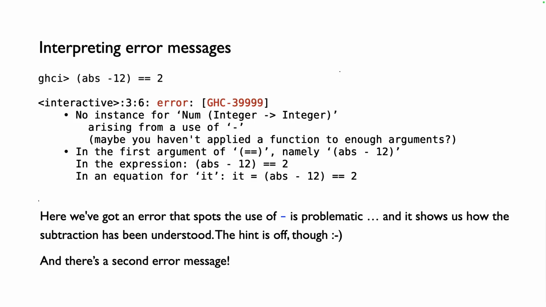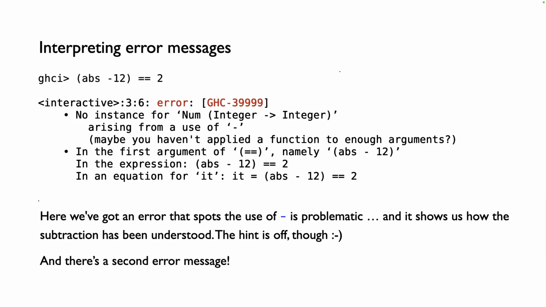And that should, I hope, be enough to point out to us, oh, my goodness, it's interpreted this wrongly. There's a minus sign there. It's trying to subtract 12 from a function. So it shows us how the compiler has understood what we have written. And in that sense, it's helpful. The hint again isn't helpful.